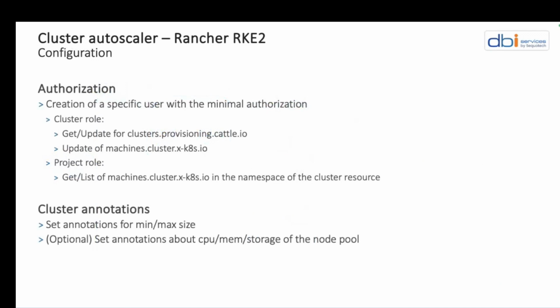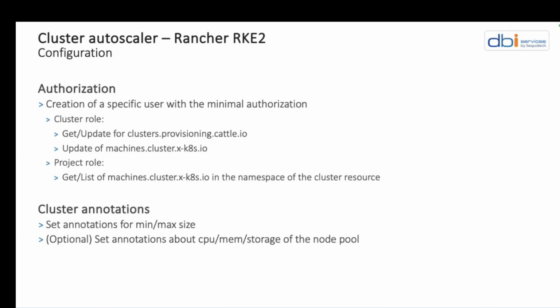For the configuration of the cluster autoscaler and how we will deploy it, we will do the following. We will create a new user for the autoscaler with minimal authorizations. So you will have a cluster role with some permissions: get and update on the clusters resources, and update on the machines resources.